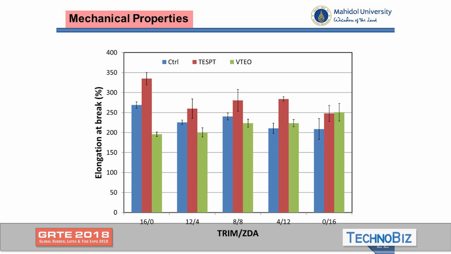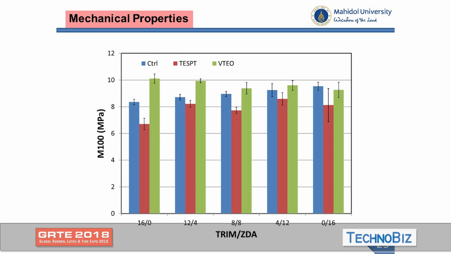And the elongation at break results show the lower magnitude of the elongation at break. This means that with increasing the ratio of the CDA, the cross-link density increases, and this leads to a decrease in elongation at break.